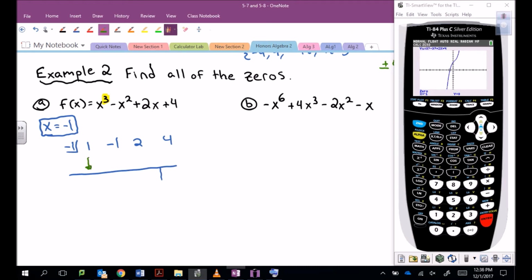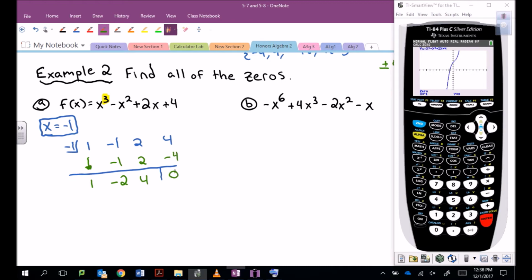The first number drops down, and then I do -1 times 1, which is -1. -1 plus -1 becomes -2. -1 times -2 becomes +2. I add those together and I get 4. -1 times 4 is -4, I add those together, I get 0.